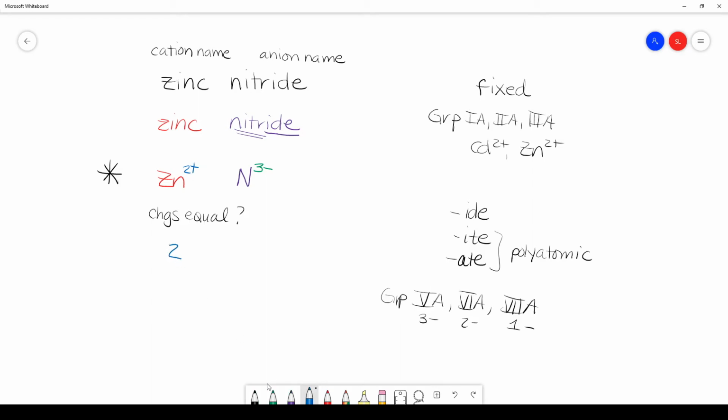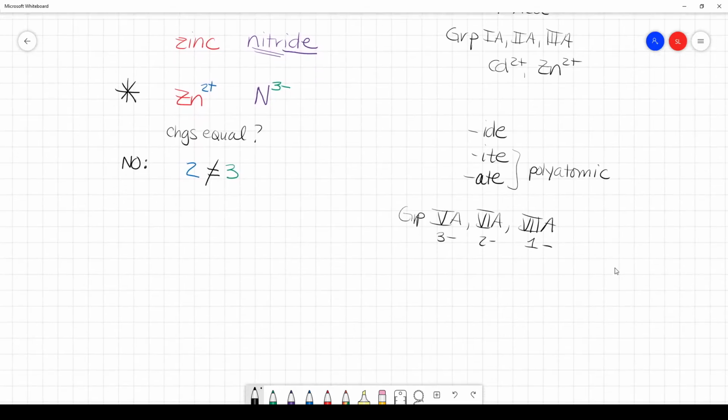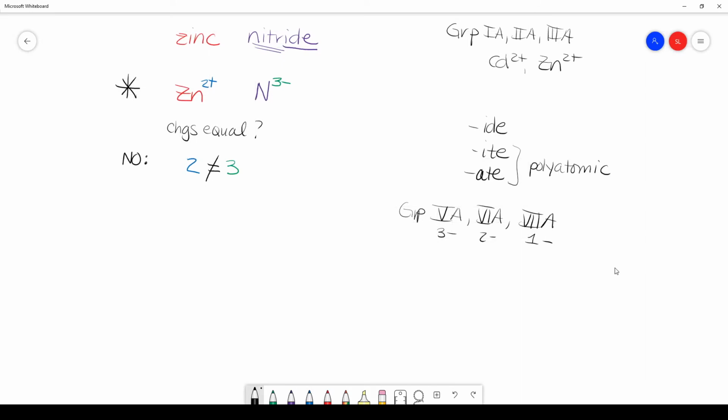So I compare the 2 from the 2 plus of zinc and the 3 from the 3 minus of nitride. And what I want to know is, are those equal? Well, the answer is no. 2 does not equal 3. And why we care about that is because it leads to the next part, which is how we're going to combine these ions.